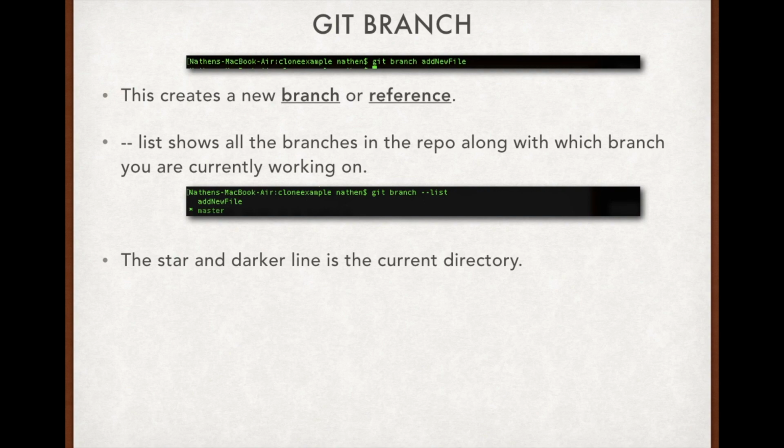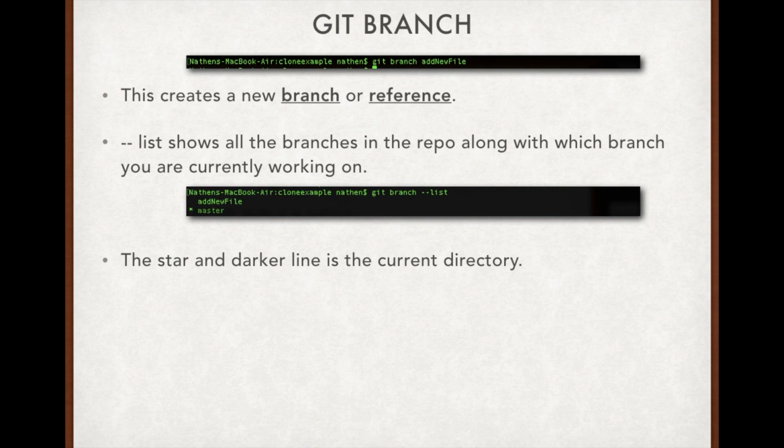Another option, so git branch allows you to create a new branch. So you do a git branch and then you name the branch whatever you want. For this, I just created a branch called add new file, and at some point I add a new file to this branch and then delete it to show some of the other things you can do.